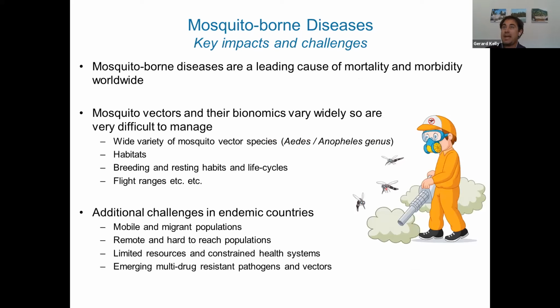Firstly, what are some impacts and challenges that we face, particularly in the Pacific, with mosquito-borne diseases? As we all know, and I'm not going to go into too much detail about mortality and morbidity, mosquito-borne diseases are a leading cause of both worldwide.